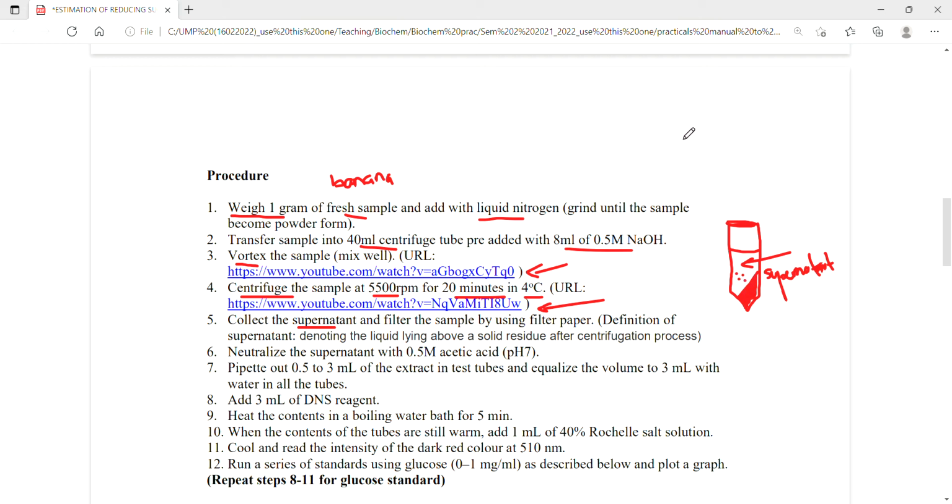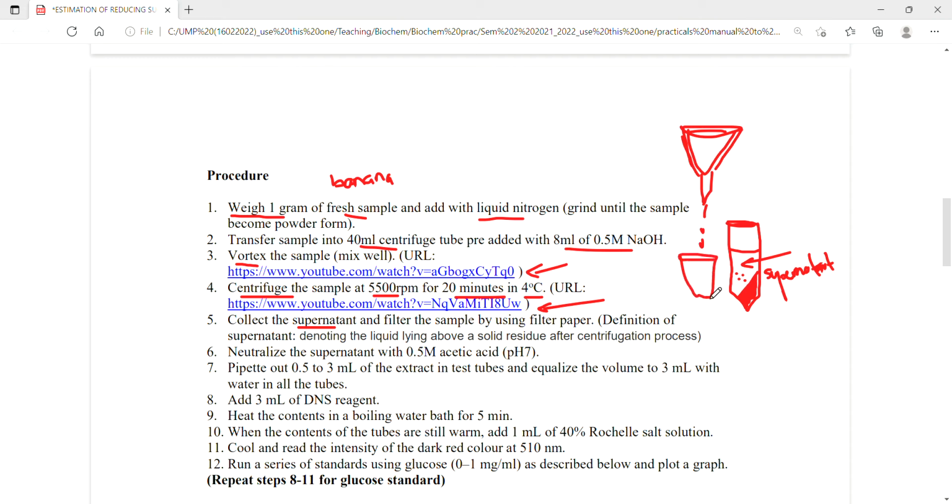so maybe we also need to, not sure whether you've done in school, put a filter paper here. And then you can pour the whole thing and collect in drops in a beaker.